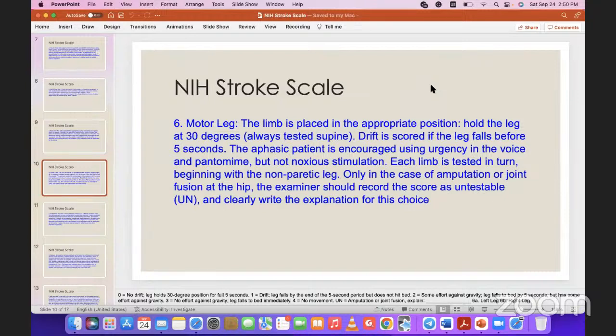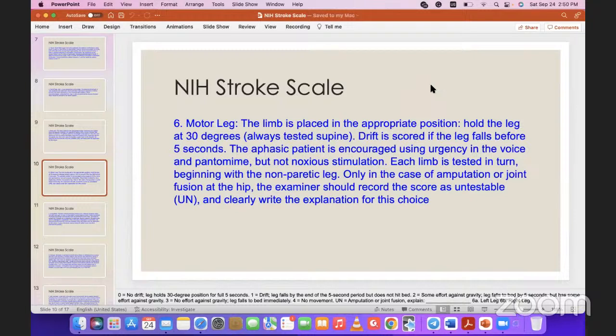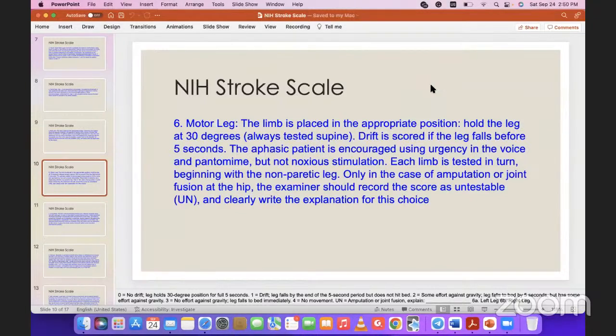Also 0 for no drift, or the leg held at the 30 degree position for a full 5 seconds, not 10 seconds like the arm. 1 if it's a drift, that means the leg falls by the end of the 5 second period, but does not hit the bed. 2, some effort against gravity. 3, there is no effort against gravity. 4, no movement. And untestable if there is amputation.